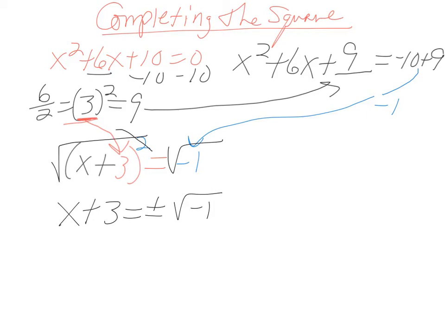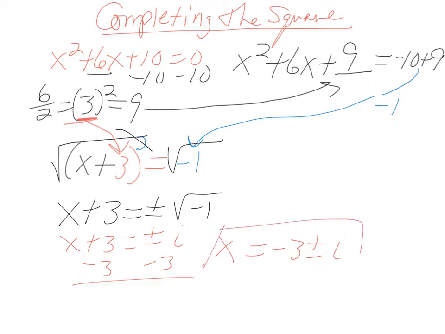Well, since it's a negative 1, that represents i. So we have x plus 3 equals plus or minus i. Then we're solved for x. So x equals negative 3 plus or minus i. So that would be our answer there.